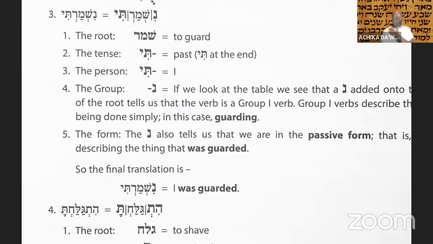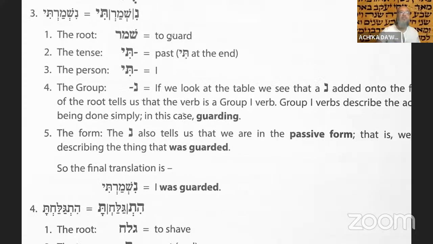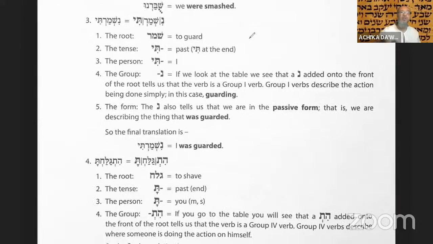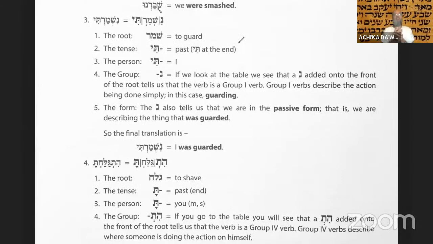You understand? So it's describing the action, and when it's talking about it being done passively, if you look at the table, we'll see that the noon was added onto the root. I'm going to move it over a little bit so we can all see it. The noon on the front of the root tells us that the verb is in group number 1. Group number 1 describes the action being done simply, in this case, guarding.